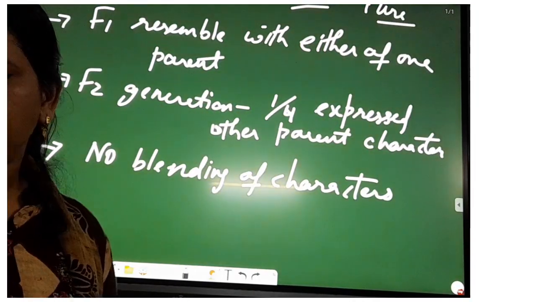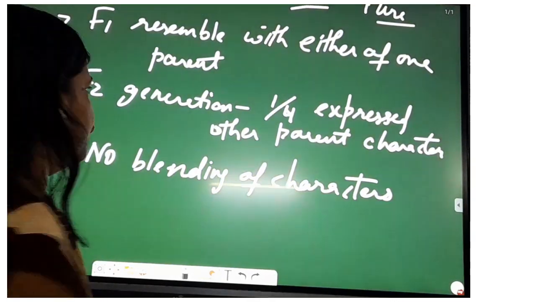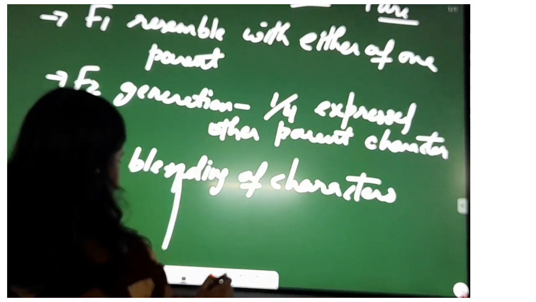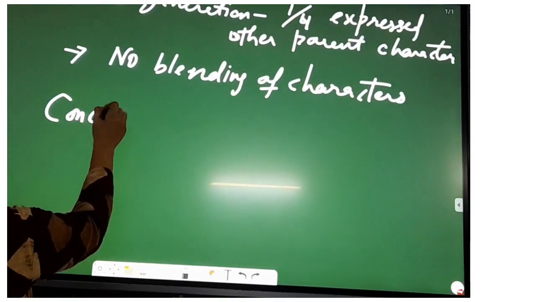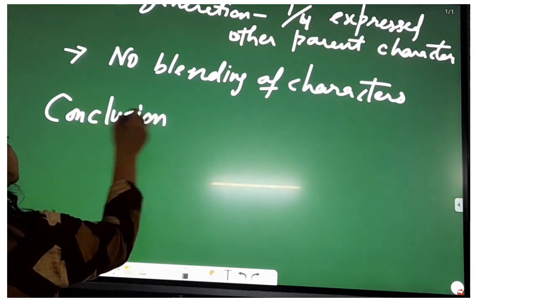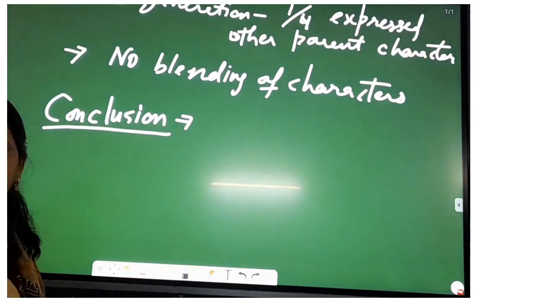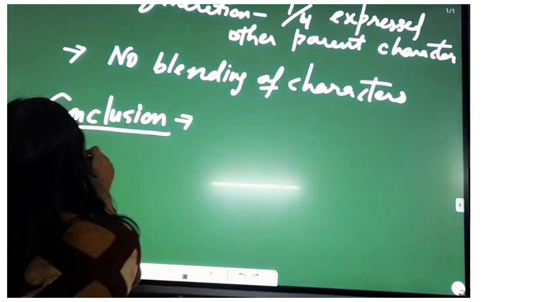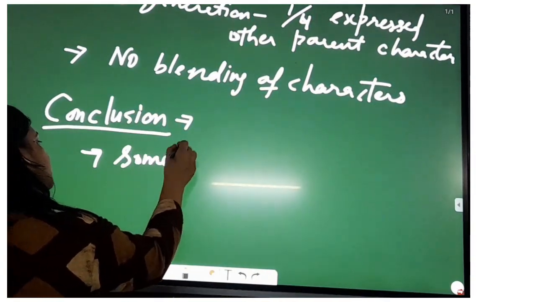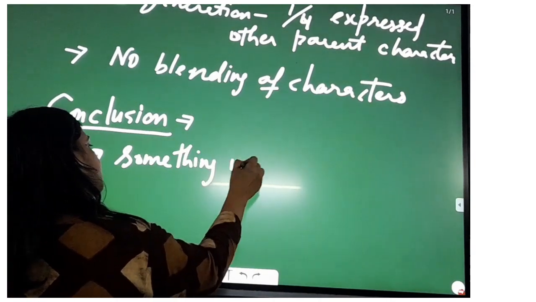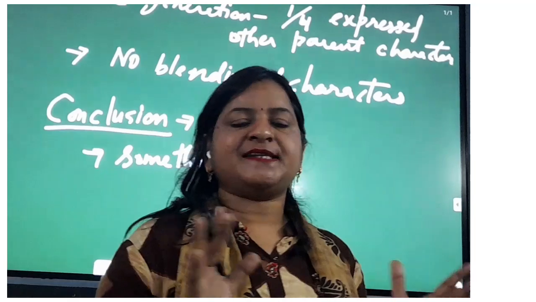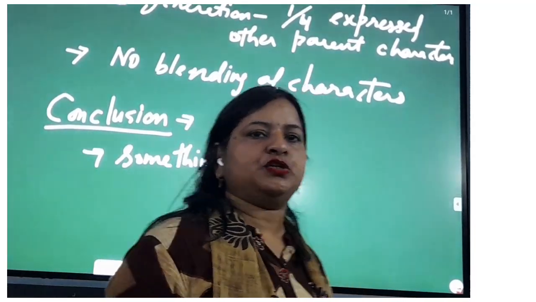So from these observations, what did they conclude? The first conclusion was that something was stably transferred from one generation to the next generation.